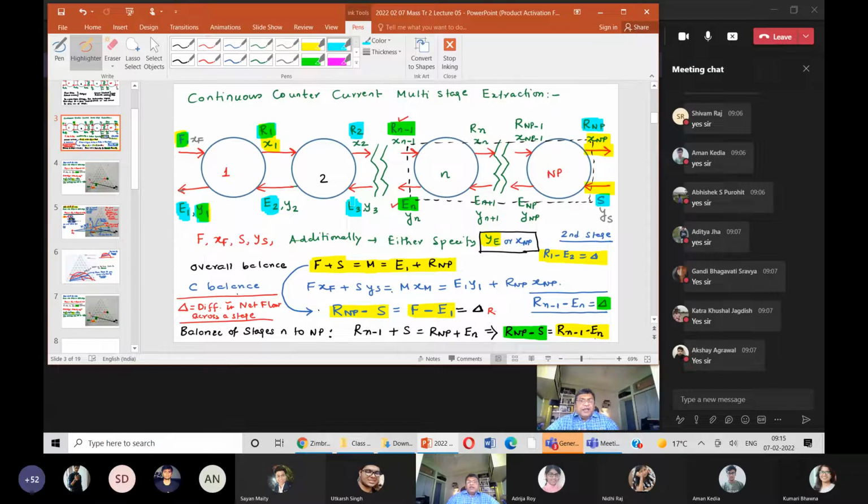Is that clear? So what we need to understand is that the tie line connects the R1 X1 or X1 Y1, Y2 X2, right? So this is connected by the tie line. And these are connected by the difference line.